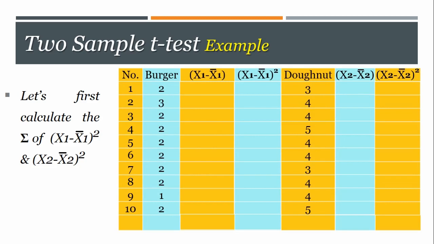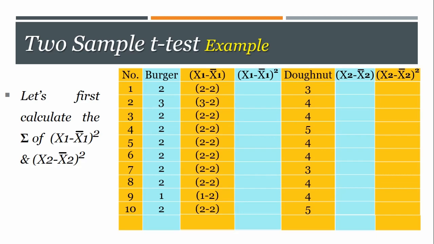So in the third column we will write down the x1 minus x1 bar values for population 1. Then we want the squared values of these differences, which we will write down in the fourth column as shown in the table.